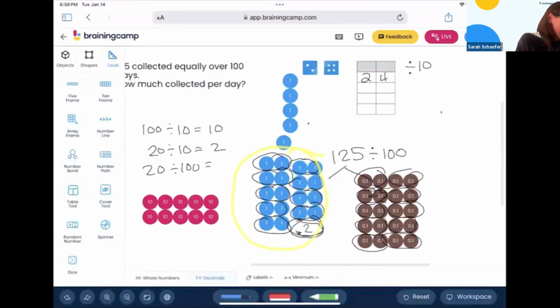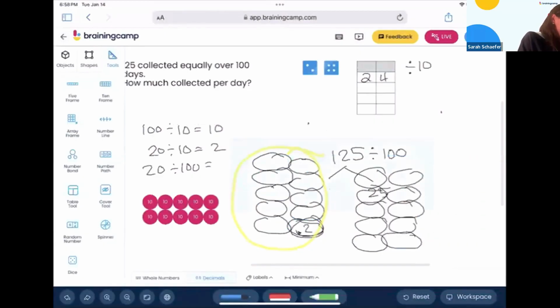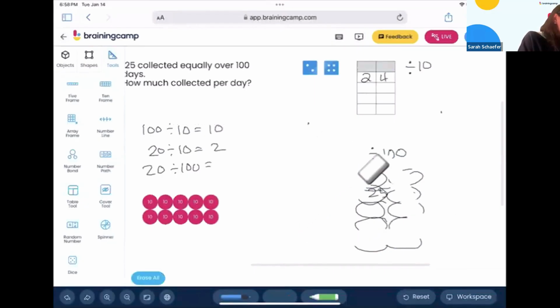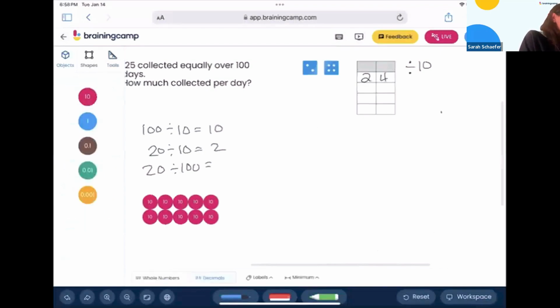Then in my classroom, they would have to build it, and then they would have to show it. So what might that look like? I'm just going to delete all this here. They would build that and show. So I would grab, let's say this is my tens and this is my ones, and what would happen when I divide this number by 10?